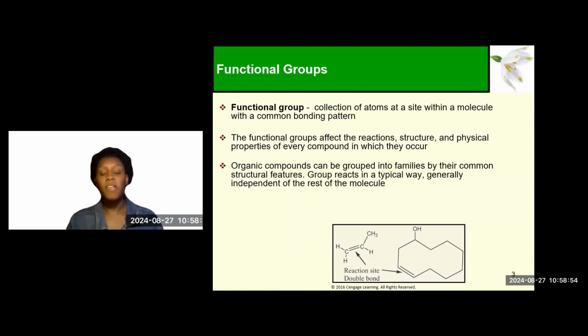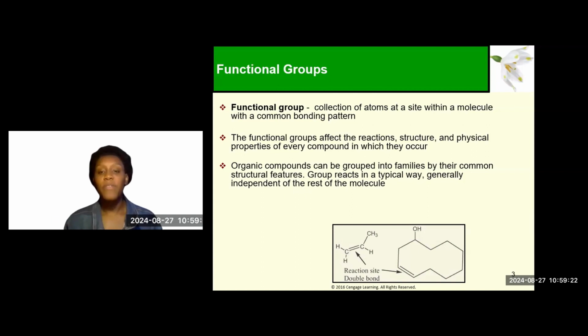All right, so let's first talk about functional groups. Functional groups are the part of the molecule that give the properties and are responsible for the reactivity of the molecule. Different molecules can have multiple functional groups on them, and they would all act accordingly to whatever is in the mixture or the reaction at that time.